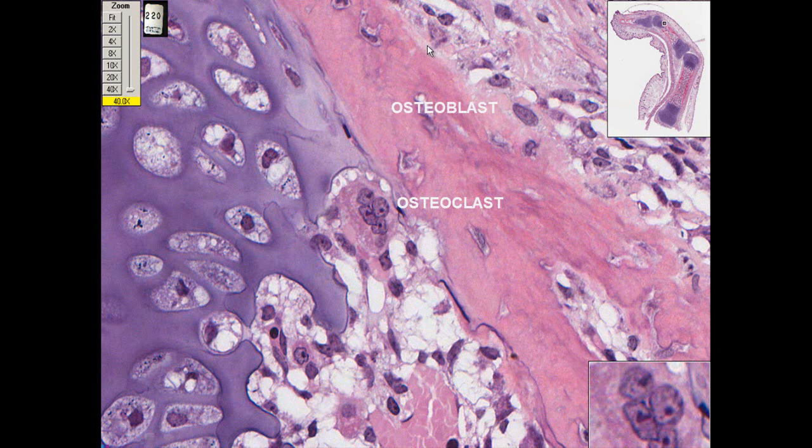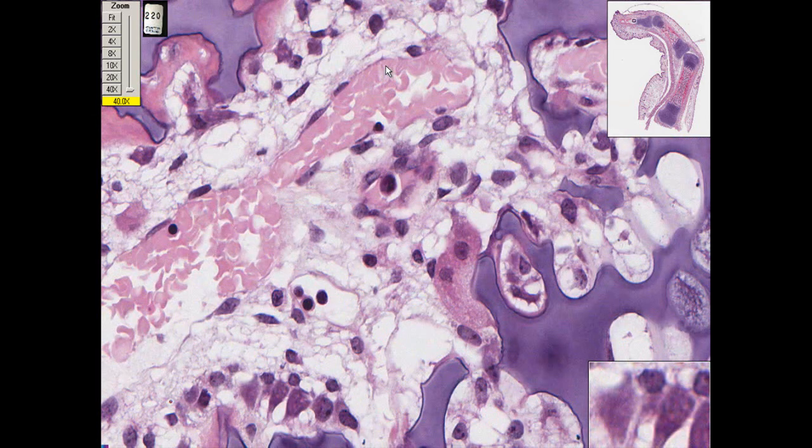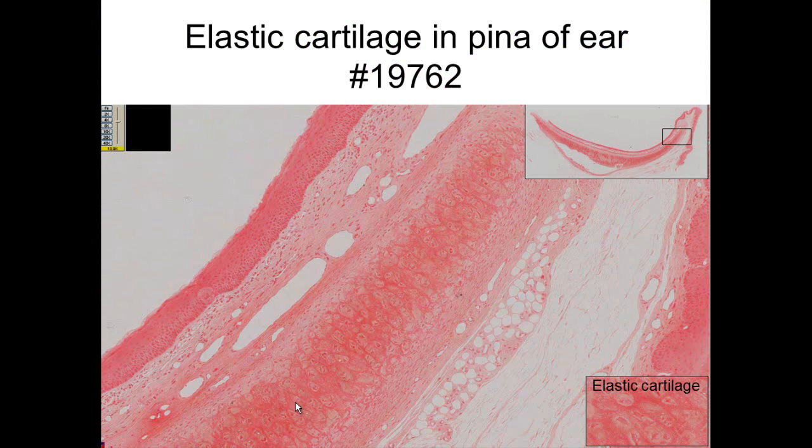Osteoblasts are on the edge of the cartilage, and in the very center there we see osteocytes that get trapped in their lacunae. Again, we see some osteoclasts, osteoblasts on the sides, laying down more bone. Here we see some more osteoblasts, which will give rise to the bone.